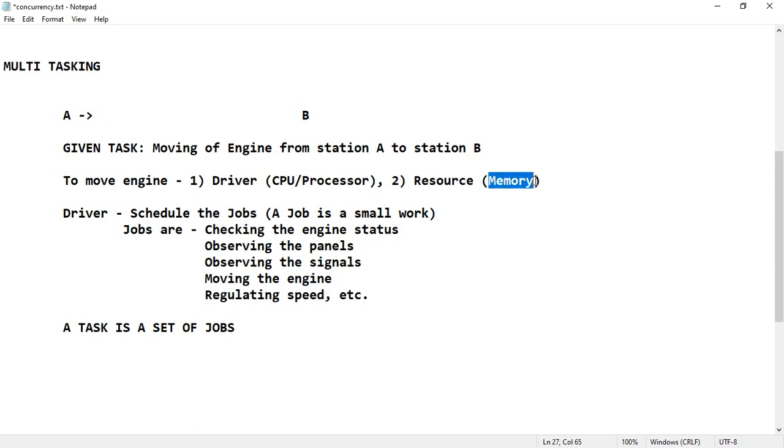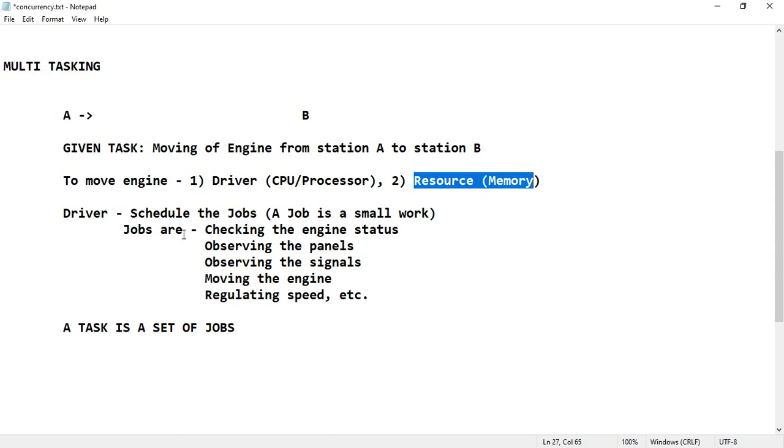Without memory, you cannot perform any processing in a computer. Even though you have a powerful processor, without memory you cannot do anything. Even though you have a large memory, you cannot work without a processor. So for that reason, both processor and memory are required.